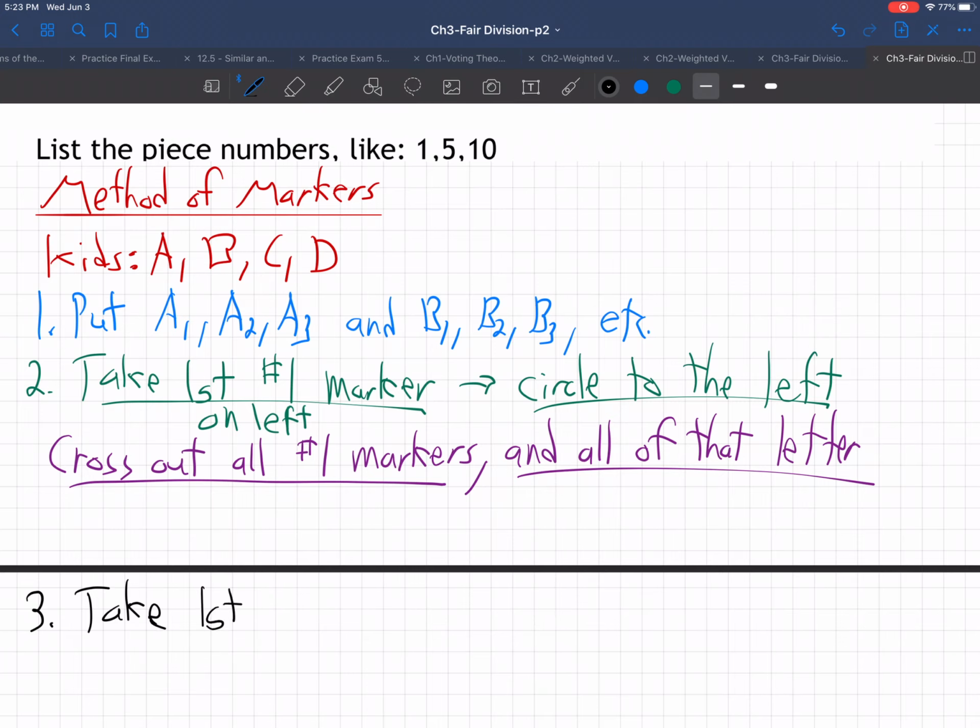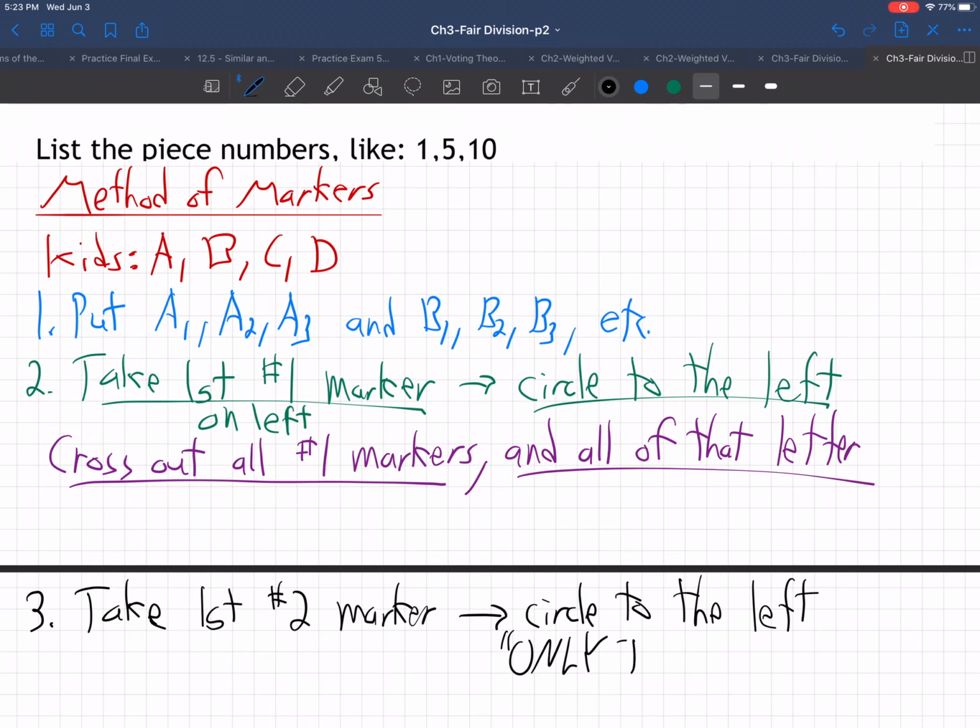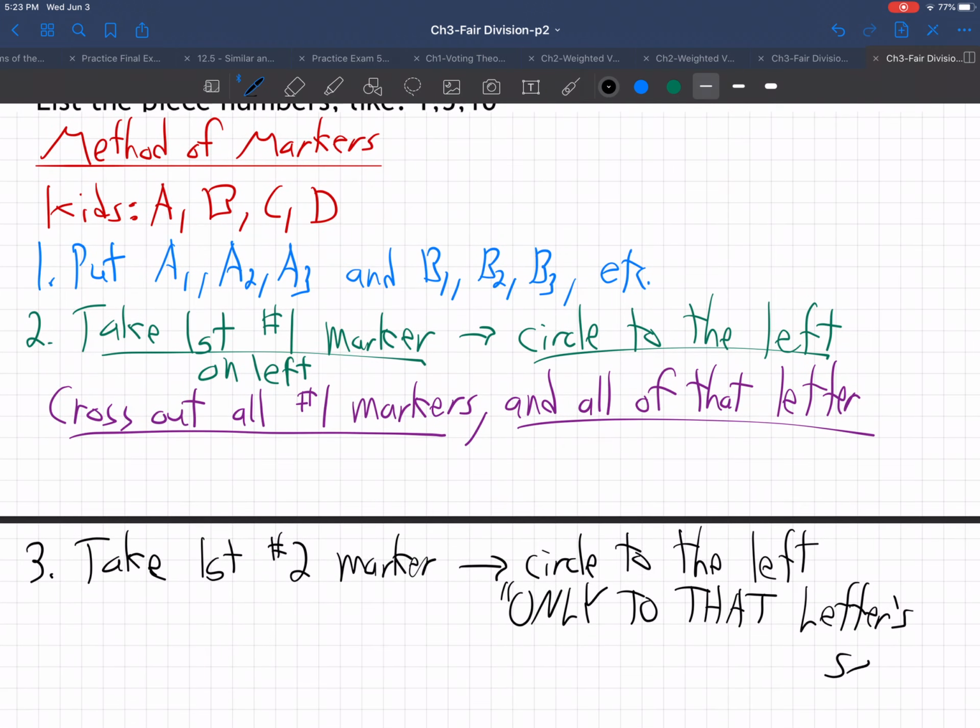Take the first number 2 marker, circle to the left. This is very important here. Only to that letter's section.